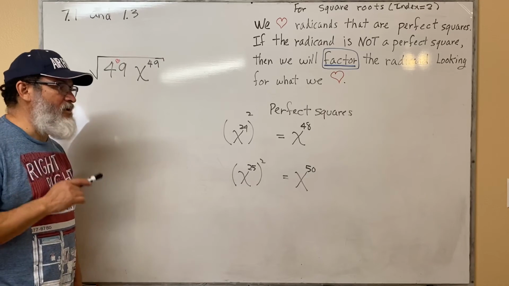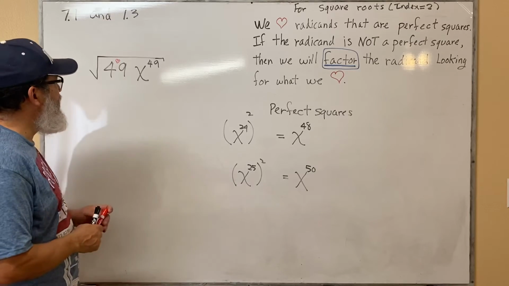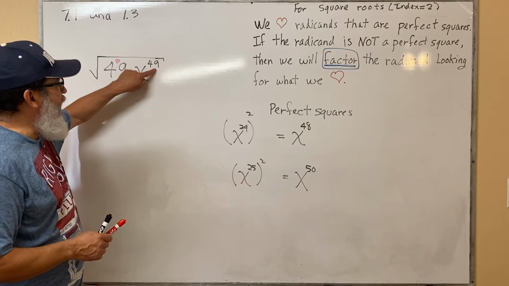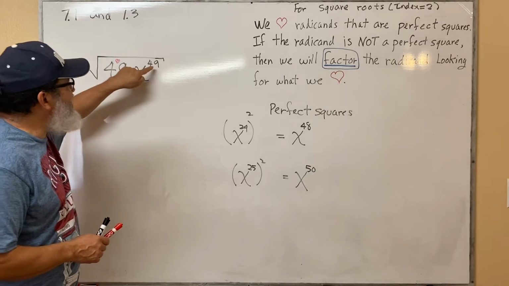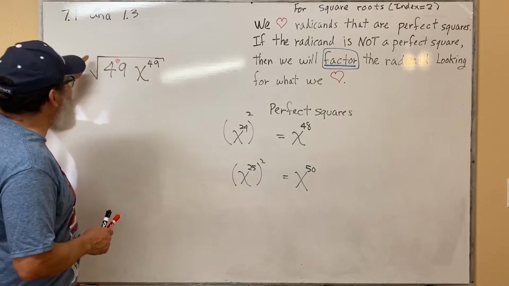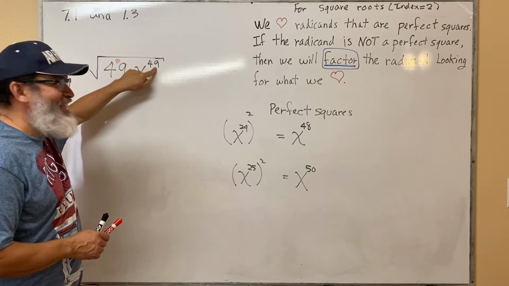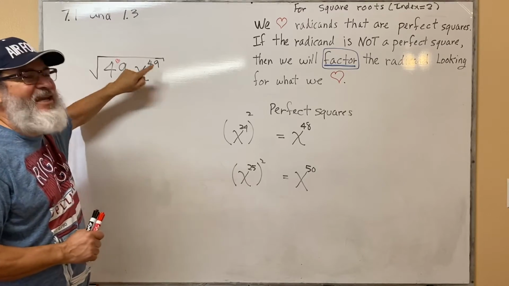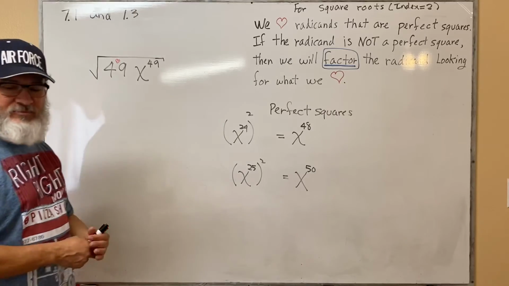So it seems to me that in order for a variable to a power to be a perfect square, the power must be divisible by 2, the index. This power must be divisible by the index 2. 49 is not divisible by 2, so therefore x to the 49th is not a perfect square.